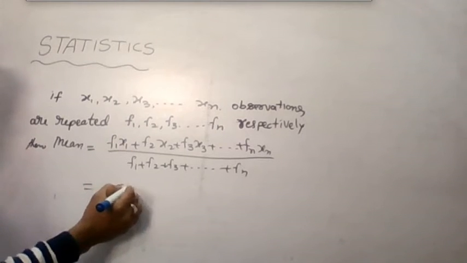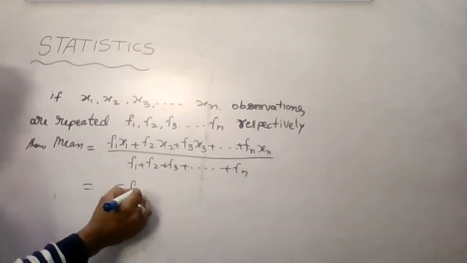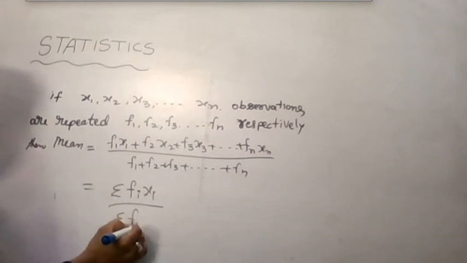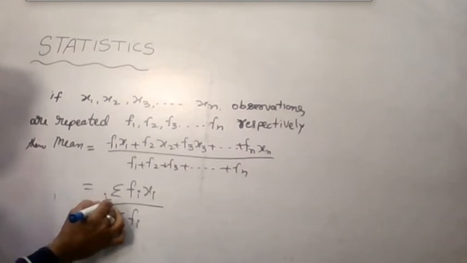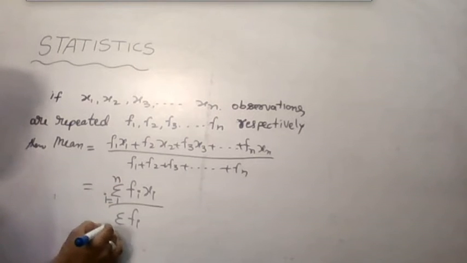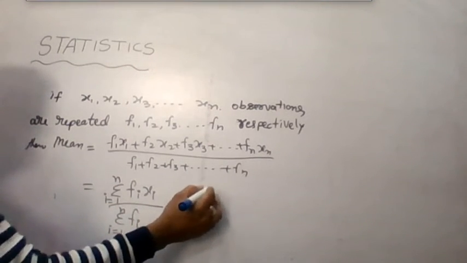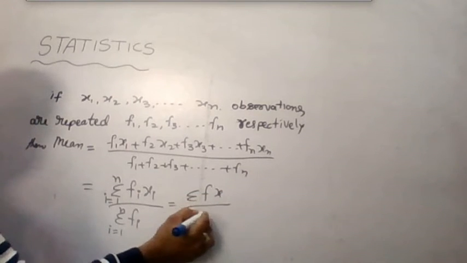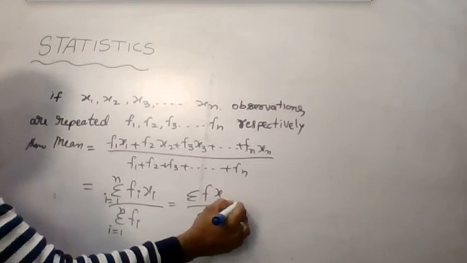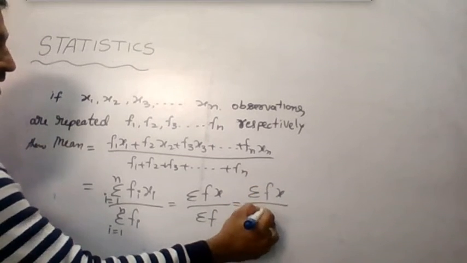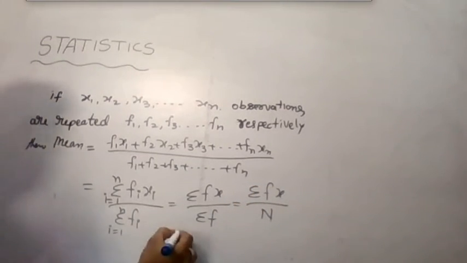Simply we can write the numerator as sigma fi xi by sigma fi, here i is equal to 1 to n. Simply we can write this as sigma fx by sigma f or sigma fx by n.